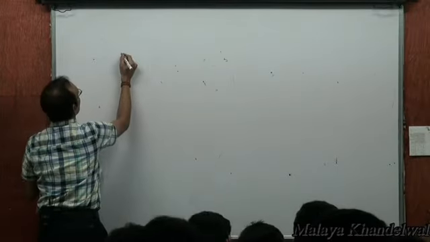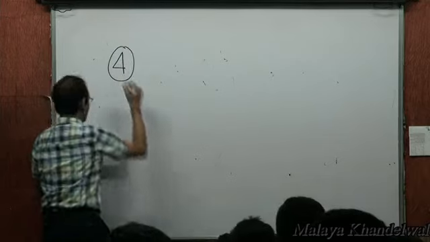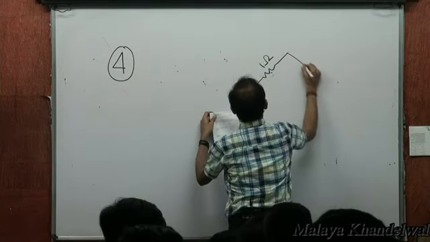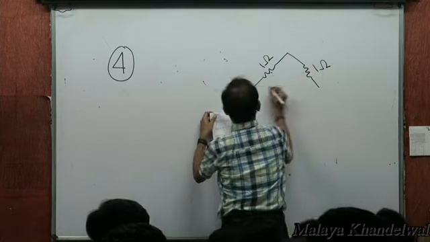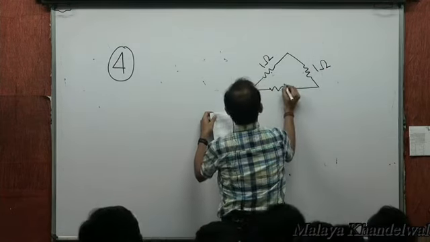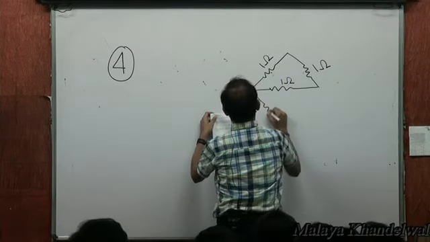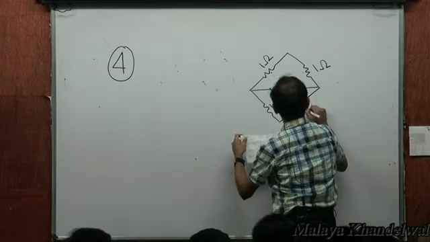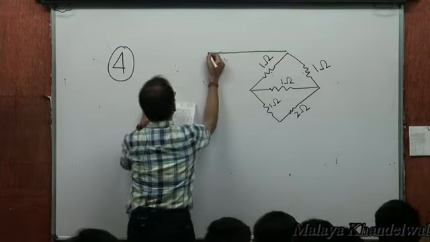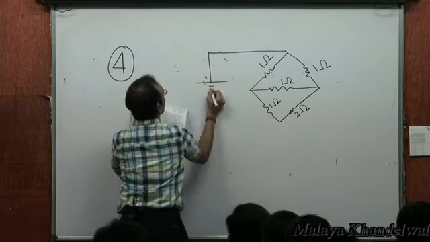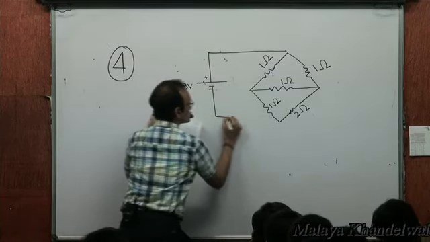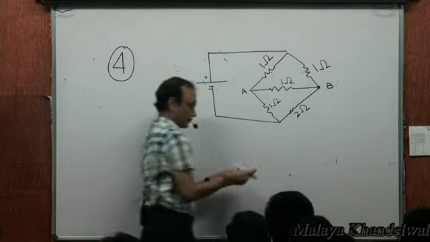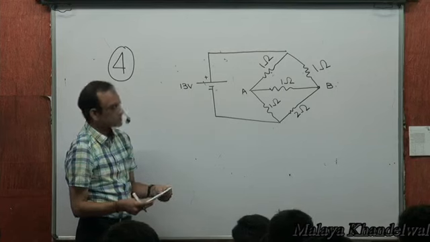Let's look at number 4. Problem number 4 is a network of this kind. 1 ohm, 1 ohm, 1 ohm, 1 ohm, 2 ohms, 13 volts, and it's labeled as A and B. And we want to find the potential difference VA minus VB.